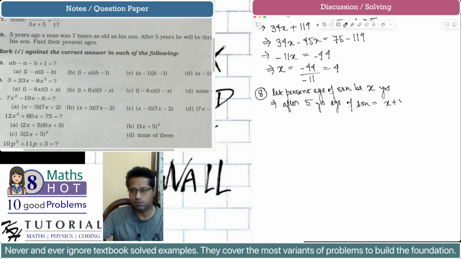After 5 years means 5 years from now. So x plus 5 years. And it is given that after 5 years, the man will be thrice as old as his son. So this implies that after 5 years, the age of the man will be equal to 3 times the age of the son after 5 years. That is 3 into x plus 5.